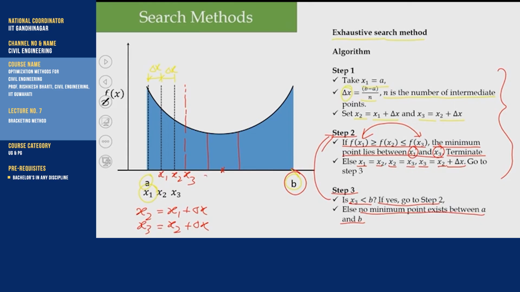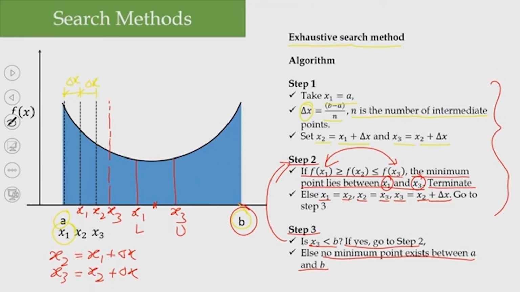Finally, this will be your x1 and this will be your x3, or I can say this is your lower bound and this is the upper bound. So we have bracketed the optima. You get a very narrow region, and after that you can apply a different algorithm, which will be very efficient in terms of obtaining the optimal solution, but may not be very efficient in terms of computational time.